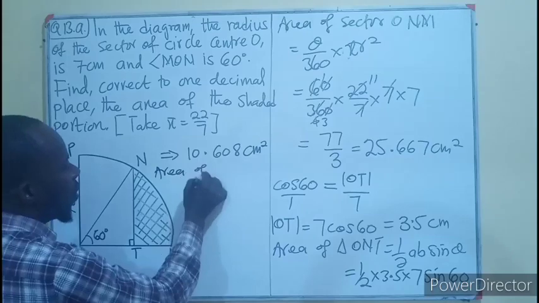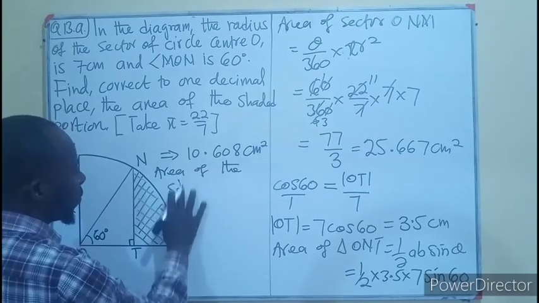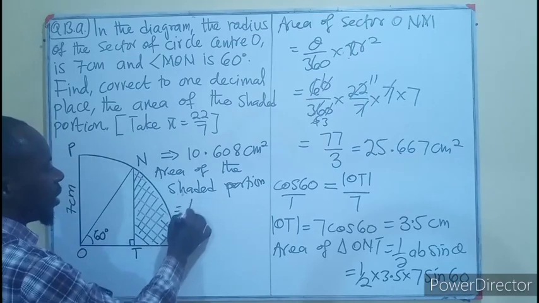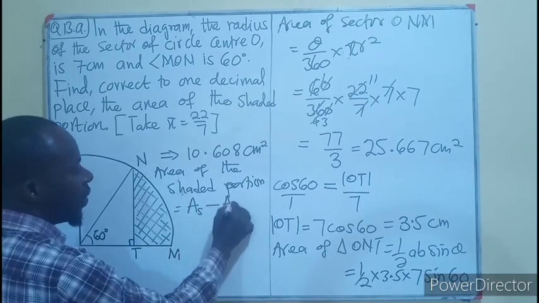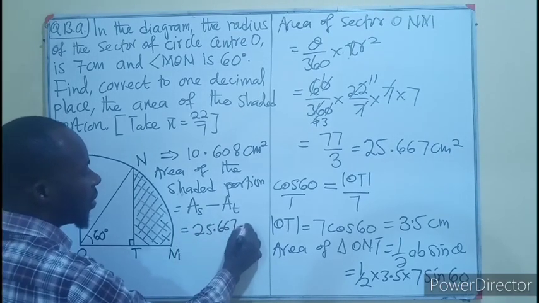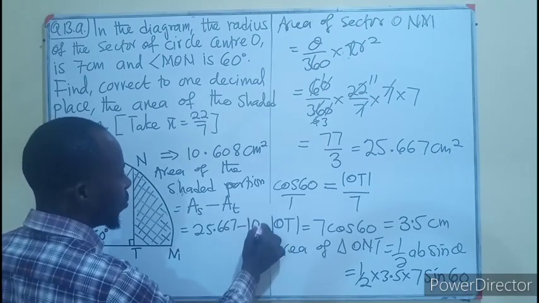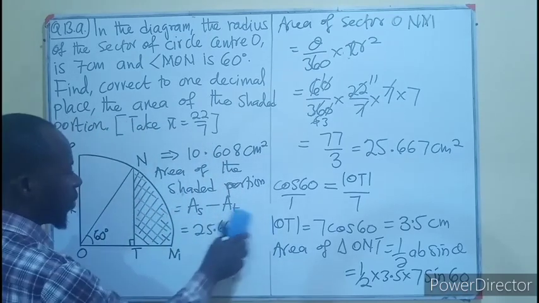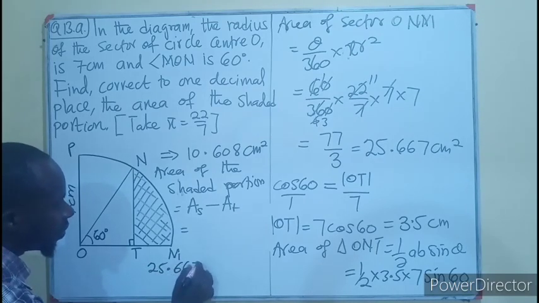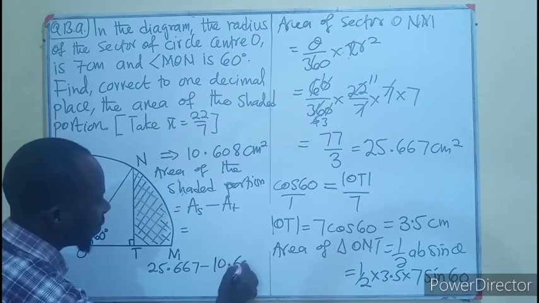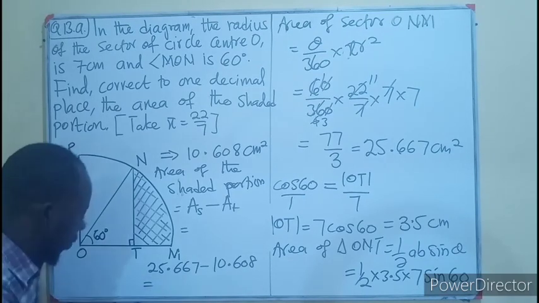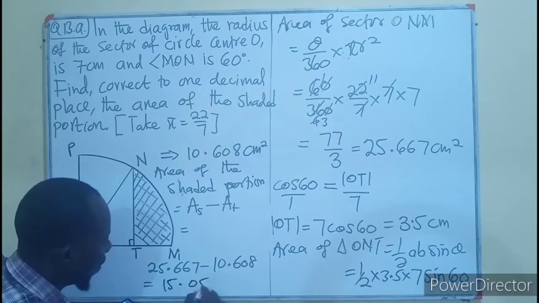Therefore, the area of the shaded portion is going to be the area of the sector minus the area of the triangle. The area of the sector is 25.667 minus 10.608, and that will give us 15.059.